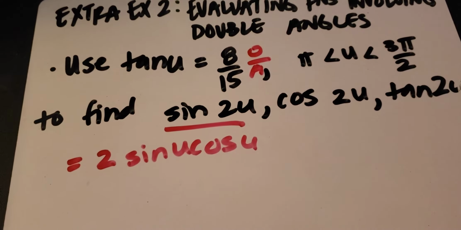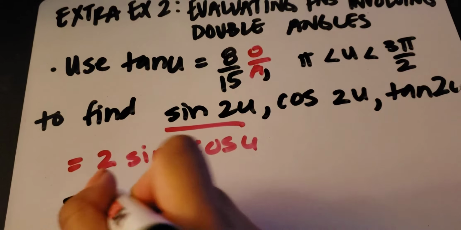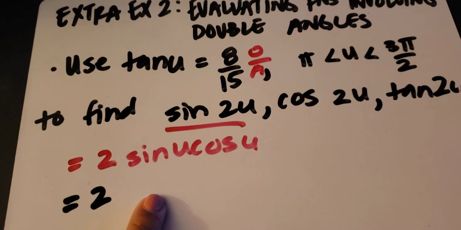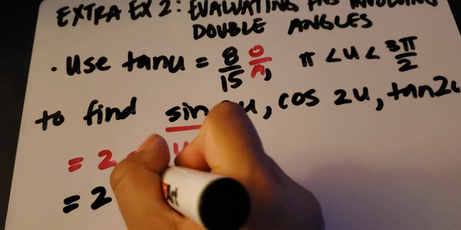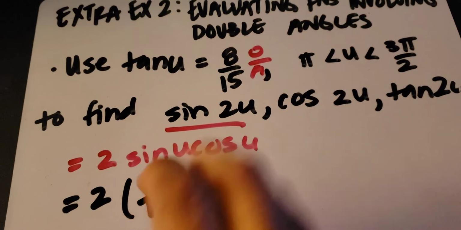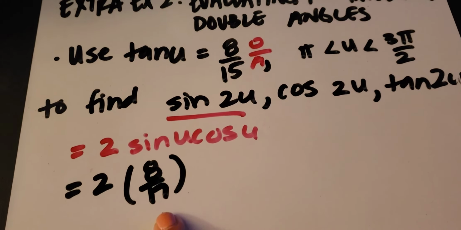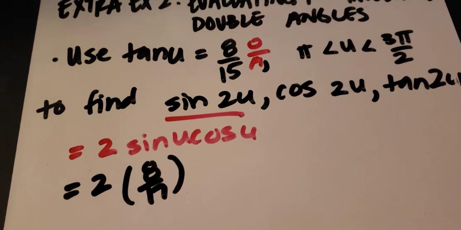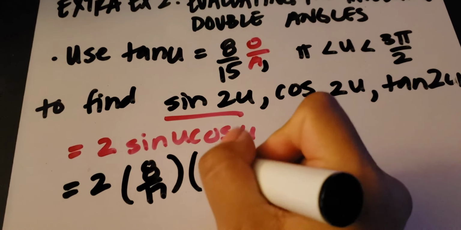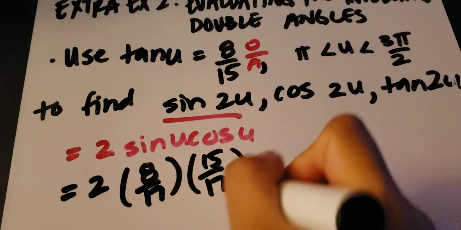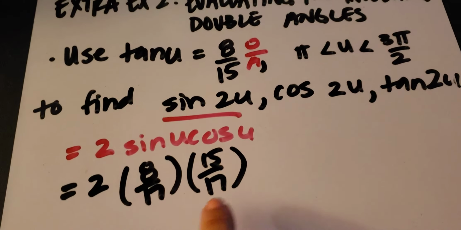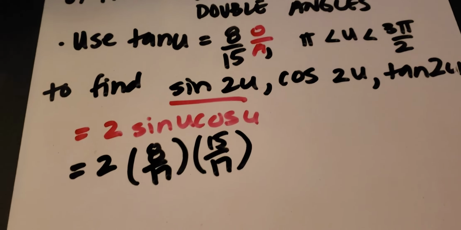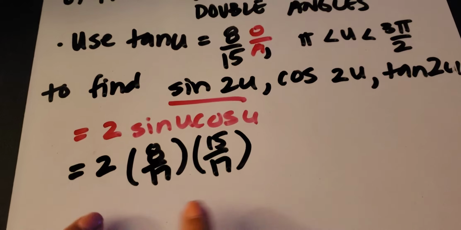And so a couple things you know. You already know sine of u because we just solved it. So sine of u was 8 over 17. So now I'm going to replace sine of u with the value, 8 over 17. We also figured out cosine of u. Cosine of u is 15 over 17. So we can replace that, okay? And so now we're just going to simplify that.